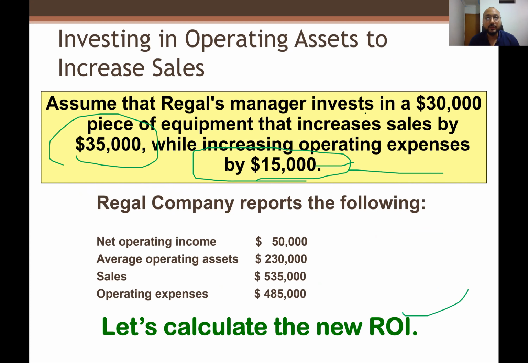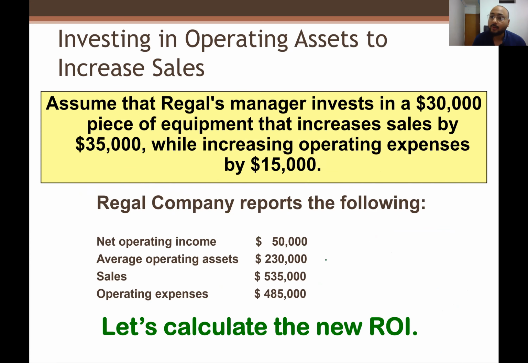Our new average operating assets are going to be increased by 30,000, from 200,000 to 230,000. Our income is now increased by 35,000 minus 15,000 expense, so our income is increased by 20,000. So our total income now is going to be 50,000.